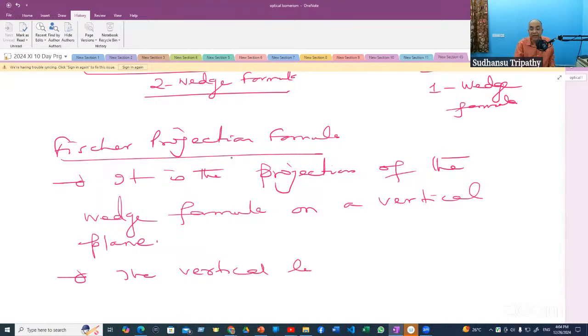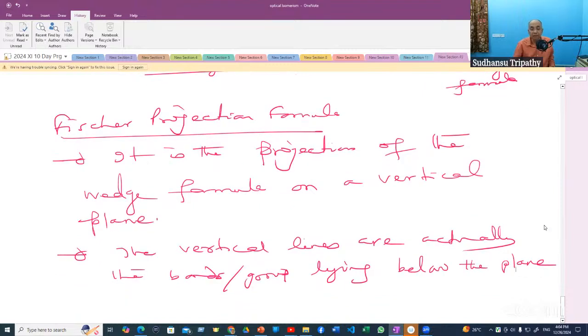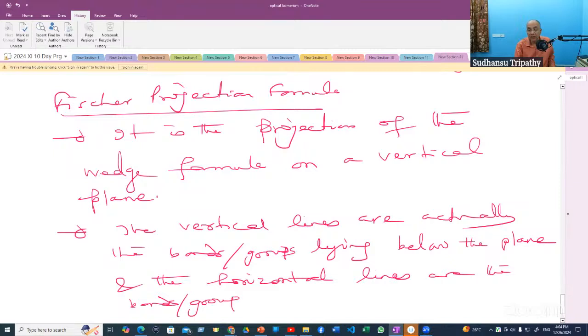The vertical lines are actually the bonds or the groups lying below the plane, and the horizontal lines are the bonds and groups lying above the plane.